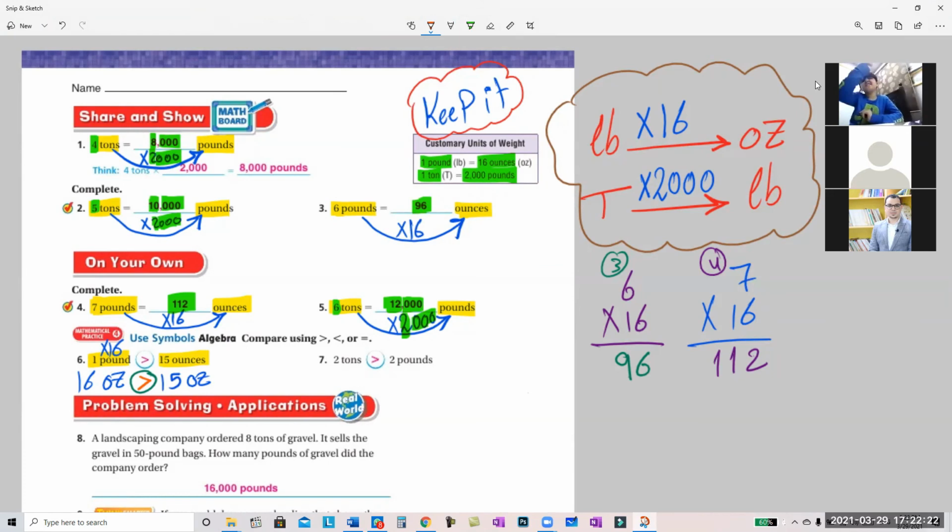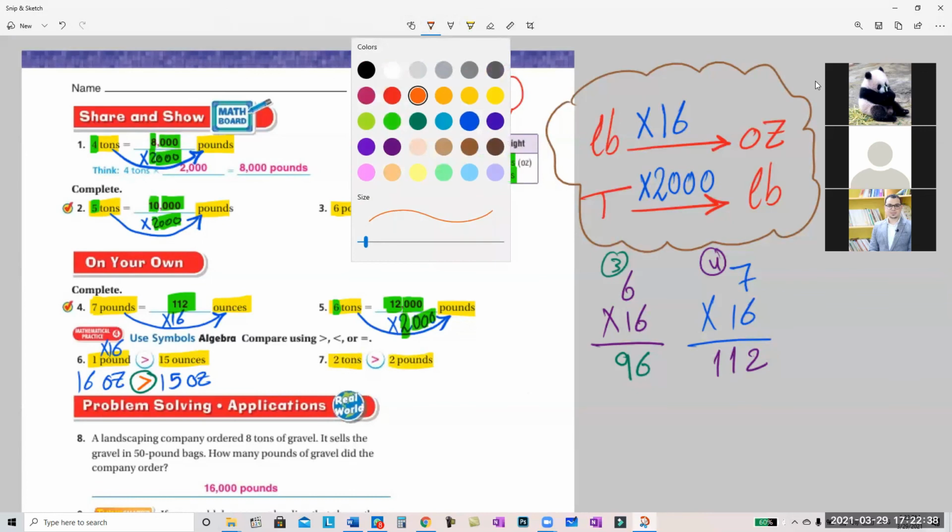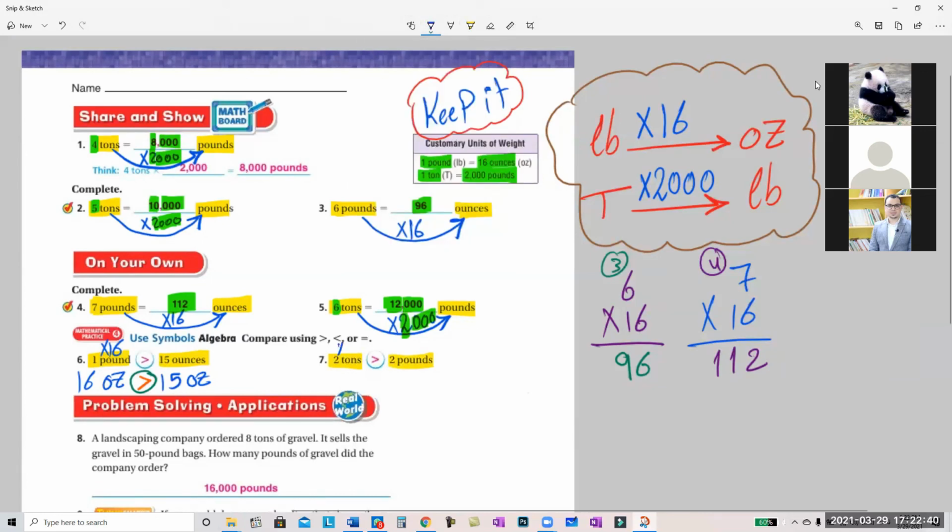The next one, we have 2 tons and 2 pounds. We need to compare between them. Which is greater here? So what do you think? Two tons, because they are 4,000. Yeah, great. So we're going to multiply here by 2,000, so it will be 4,000 pounds.